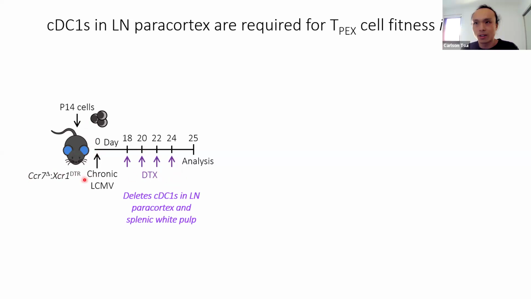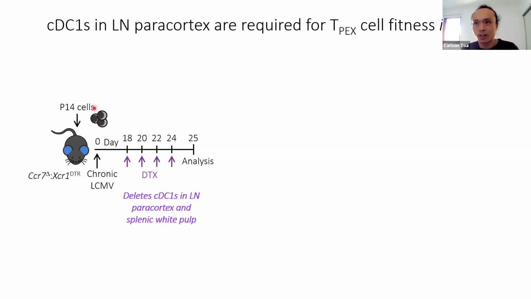The remaining CCR7 deficient cDC1s are unable to migrate into the lymph node paracortex and also the splenic white pulp. So effectively, with this system, we could erase cDC1s in the lymph node paracortex and also the splenic white pulp.